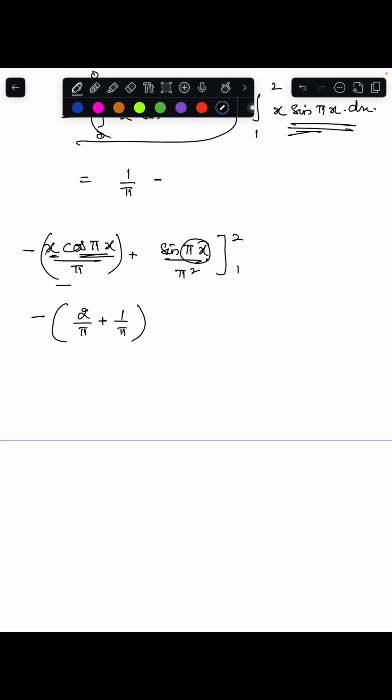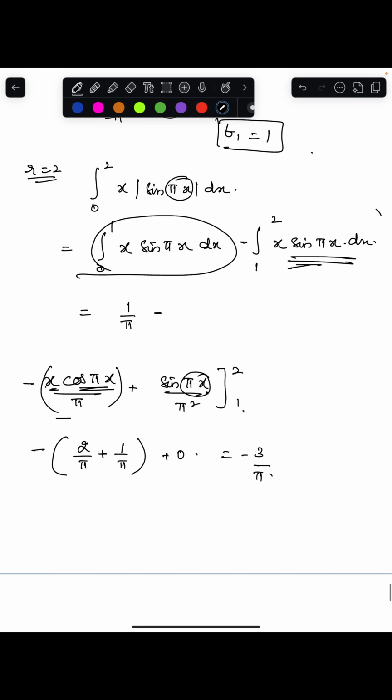If I apply this for this one, sine 2 pi is 0, sine pi is also 0, so that is 0. So you are getting minus 3 by pi for this term. Here it is minus of given, so plus 3 by pi you will be getting. So the answer would be 4 by pi. The second term is 4 by pi.